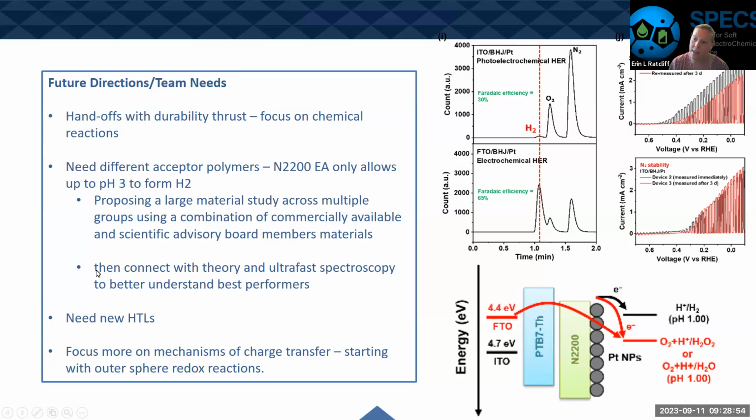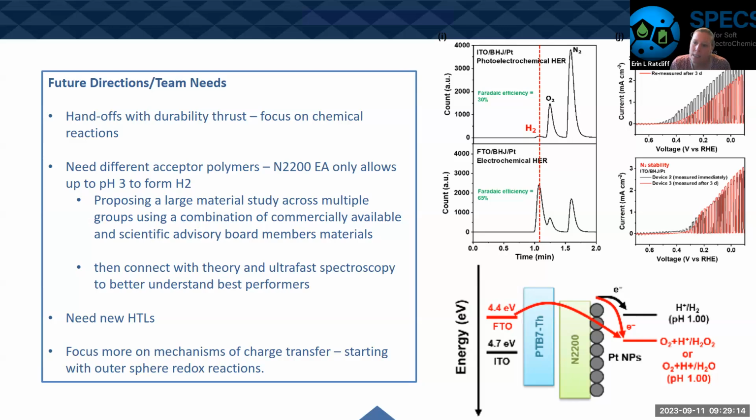Then I believe the plan, once we go through a larger materials study, is to come back with theory and more of the ultrafast spectroscopy characterization tools and ask the question: why are the best performing photocathodes performing so well? Why are they better, really?